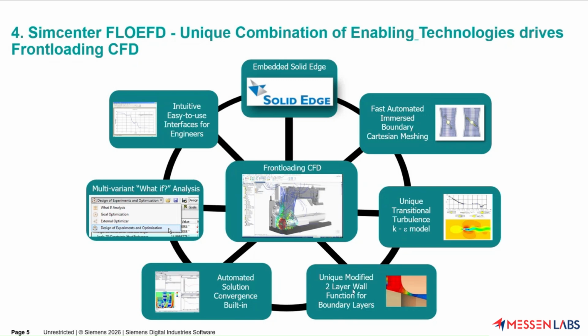Next, the boundary layer, which again is one of the great features of FloEFD, wherein it captures the small gaps properly and automatically. You can automate your entire simulation, and then you can carry out what-if analysis. That is, you can run DOE kind of studies. Again, the easy to use interface. So we'll see all that in detail during the live demonstration.